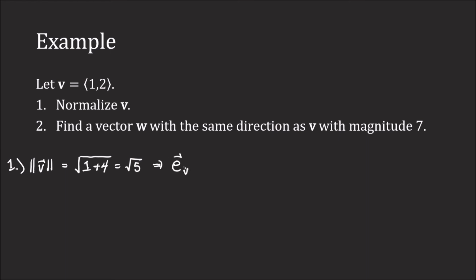So the unit vector in the direction of v is 1 over the square root of 5 times the vector 1, 2. So we get 1 over root 5, comma 2 over root 5.